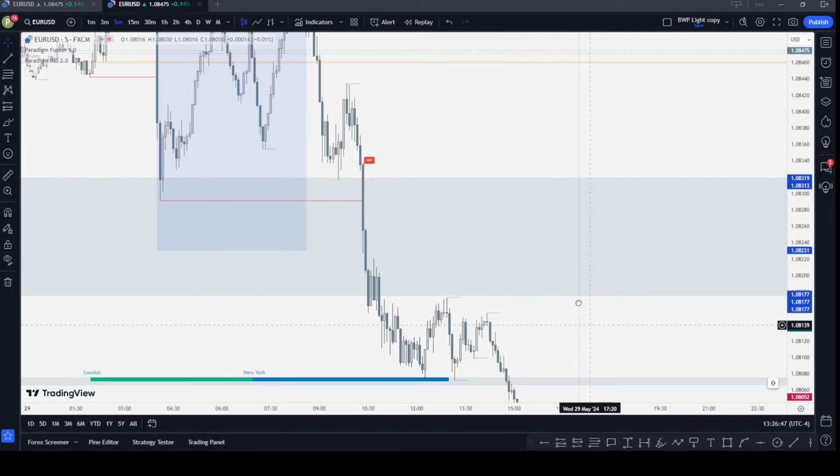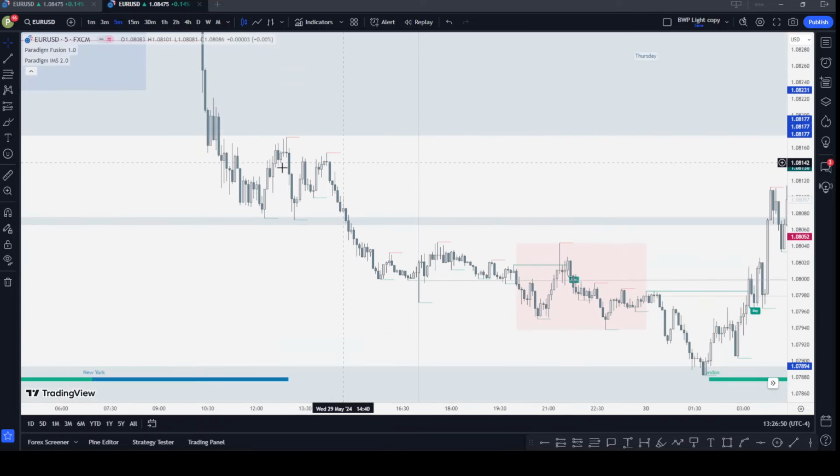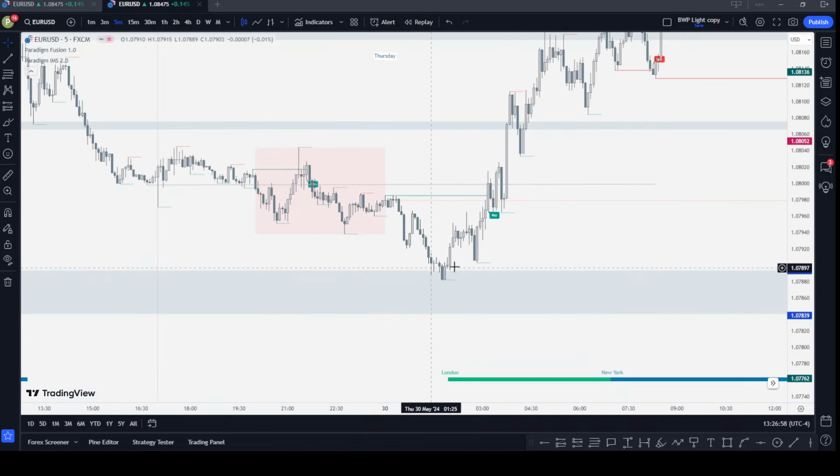So we have a buy here. This is outside the Q zone, and our bias is not bullish yet until price touches the new week opening gap. So this is where price touched the new week opening gap.